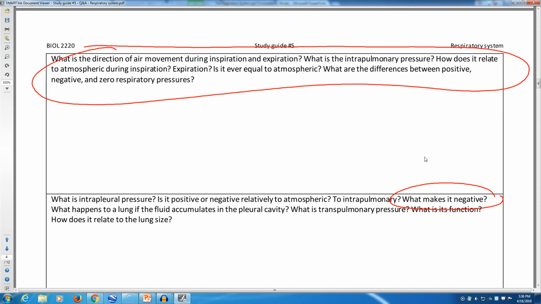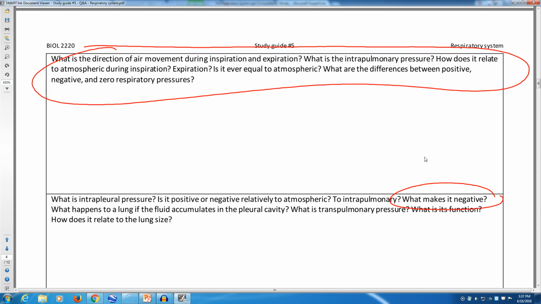If fluid accumulates in the pleural cavity, the lung will collapse because pressure goes up. Transpulmonary pressure. When the lung inflates, transpulmonary pressure becomes higher, because intrapulmonary pressure is at its lowest during this process.